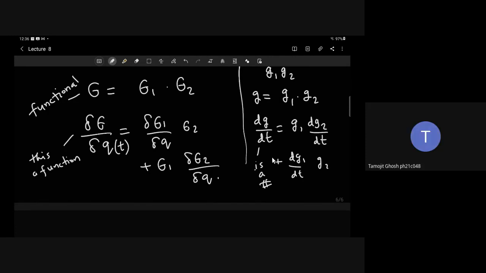Okay, sir. So if we took a derivative of capital G with respect to time and fixed the time at a particular point, then it would give a number, no? It is zero. No, I mean that after taking the derivative, then we fix the time. Yeah, then it will give a number.